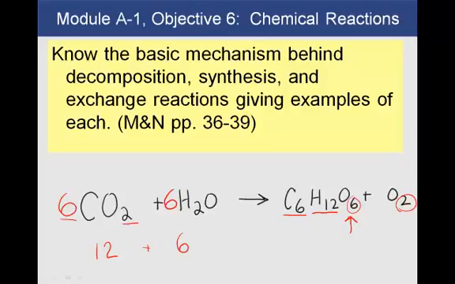So what you need is to take the 18 from this side, subtract the 6 that are already occurring in the glucose molecule, and that leaves 12 more that we have to account for in the oxygen. To get 12 out of oxygen, we have 6 molecules of oxygen. We have 12 oxygen atoms, and now our equation is balanced. I hope you all got it right.